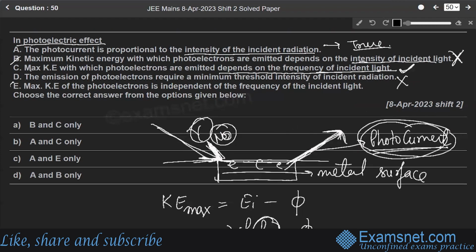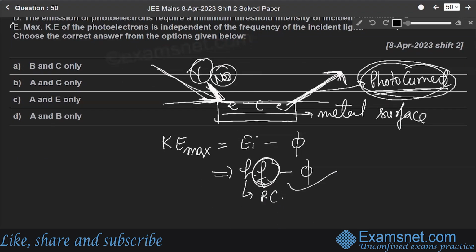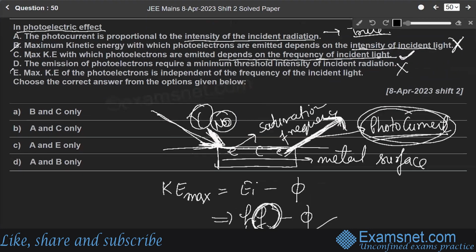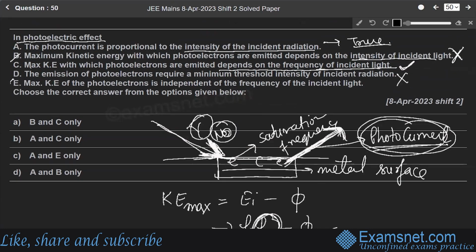This statement is wrong because whenever photons of sufficient intensity fall on the surface of the metal, the electrons get ejected out only when the frequency of the incident photon is greater than the threshold frequency. It depends on the threshold frequency, not on the threshold intensity. So this statement is wrong.